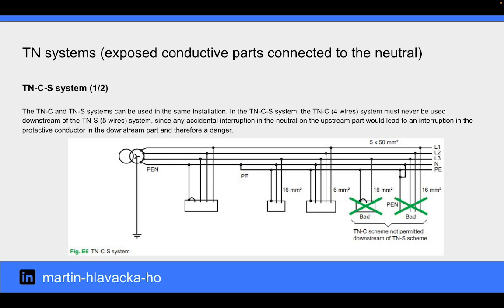TNCS system. The TNC and TNS systems can be used in the same installation. In the TNCS system, the TNC system must never be used downstream of the TNS system, since any accidental interruption in the neutral on the upstream part would lead to an interruption in the protective conductor in the downstream part and therefore a danger.